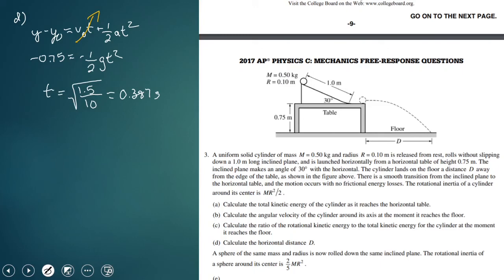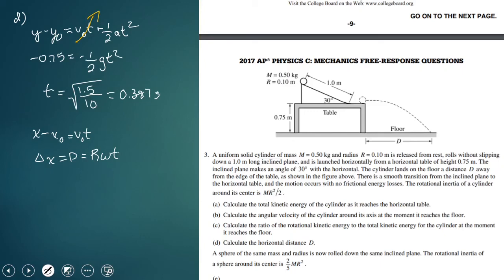And then what we can do is we can say that the change in x, as we do in normal projectile motion, is equal to our v naught with respect to x at t. Now what we also know is that, so we're trying to find essentially this delta x, which is equal to d. And what we also know is that because initially our cylinder had a smooth transition from the inclined plane onto the table, it's still rolling without slipping. And so because of that, we can still say that this is r omega t.